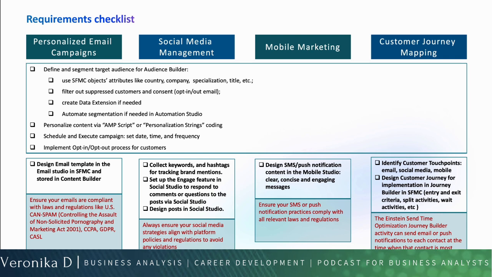Examples of activities: for instance, a split activity. Split activity divides contacts into separate cohorts that follow different paths. For instance, contacts who are older than 35 years or younger than 35 years. So if you are older, you go to the first path. If you are younger, you go to another path.